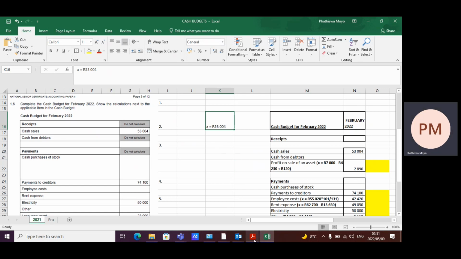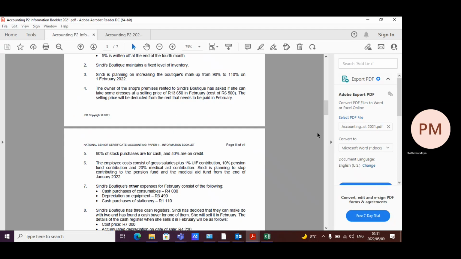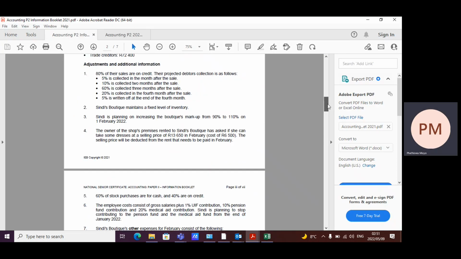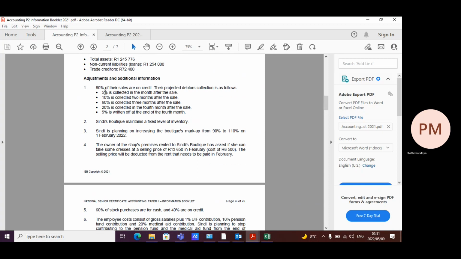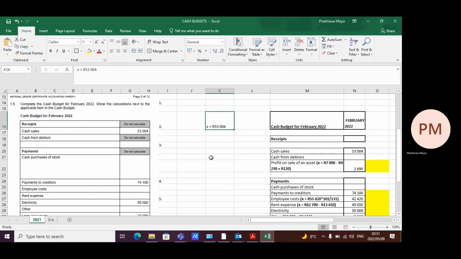Cash sales is what percentage? 80% of the sales are on credit. So 80% of the sales are on credit, so meaning the cash sales is 20%.